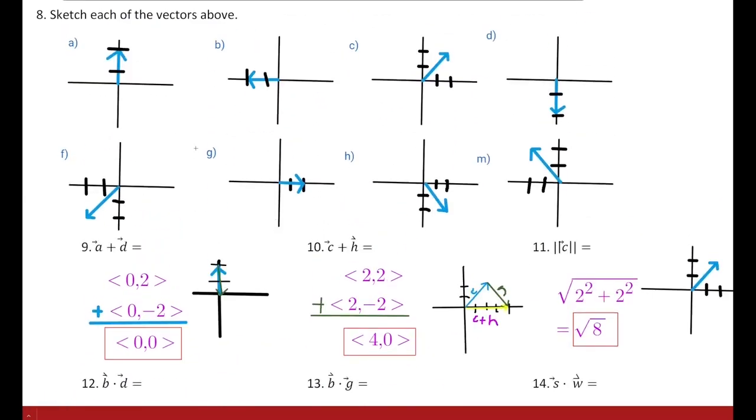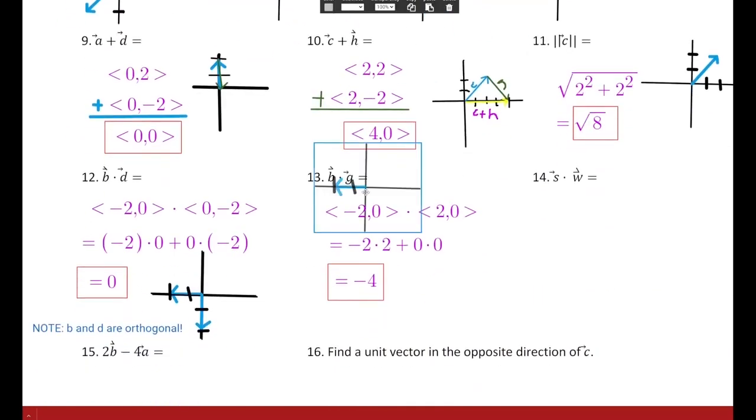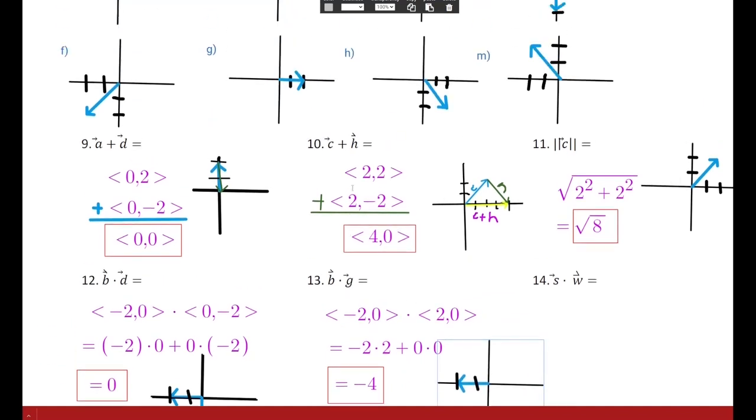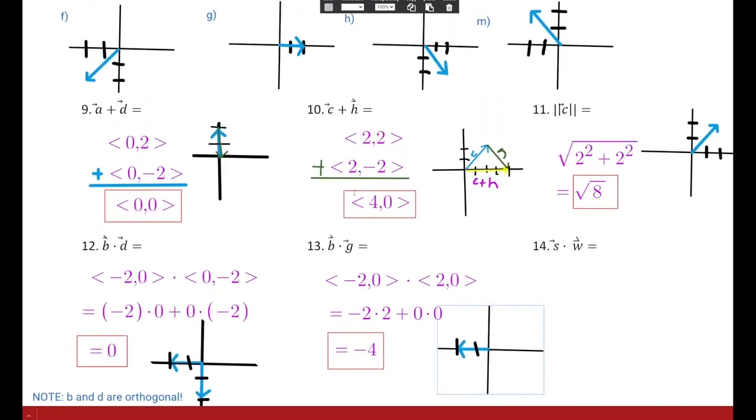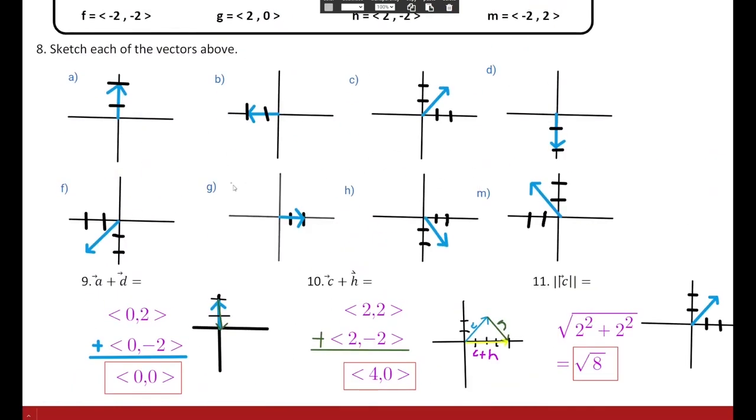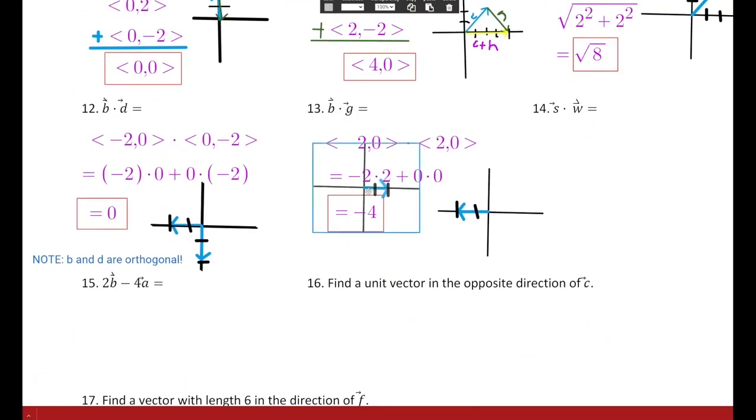Let's take a look at B and G, and hopefully I can put some context around what the -4 is actually representing. So there's B, and G is over here. This one's kind of interesting because we talked in class about interpreting multiplication using a number line, and we see here that our vectors really are just representing 2 times -2.